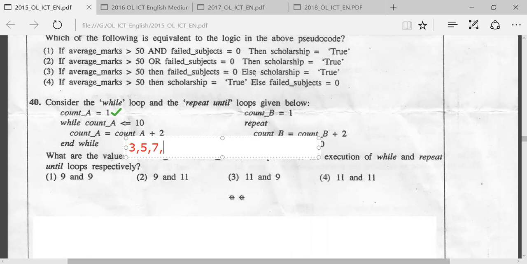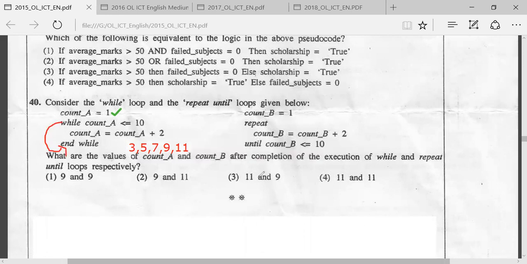Again go back, 7 less than or equal to 10, true. A equals A plus 2, which is 9. Again go back, 9 less than or equal to 10, which is true. So 9 plus 2, it is 11. 11 less than or equal to 10, no, it is false. So it will exit from the loop.